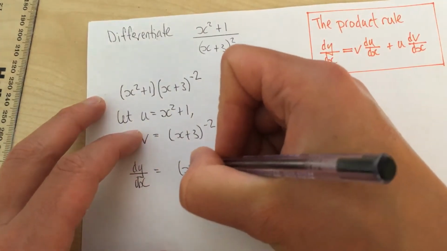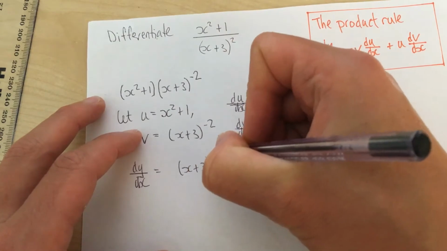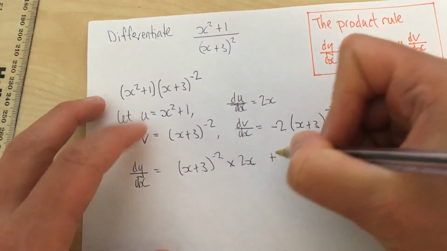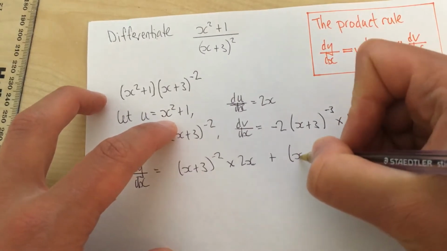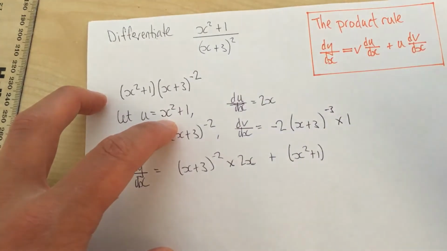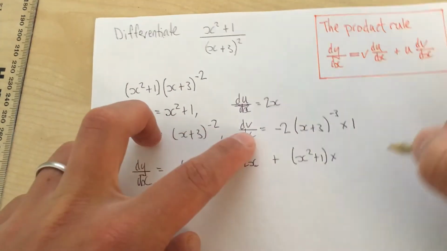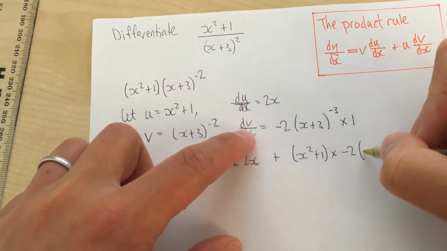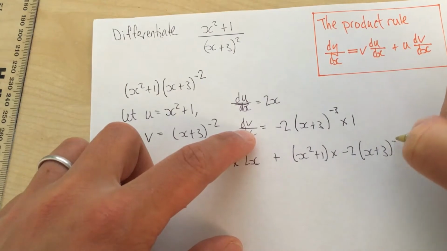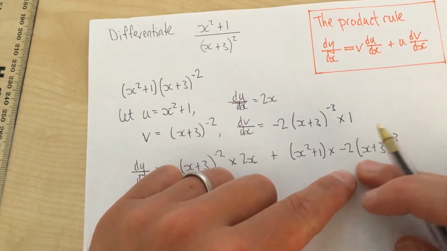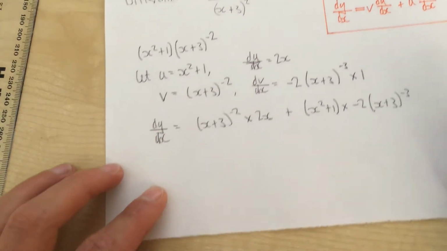So we've got (x plus 3) to the negative 2 multiplied by 2x, plus u. I'm going to put the whole thing in brackets so there's no confusion as to what we're multiplying, multiplied by dv dx, which is negative 2 brackets (x plus 3) to the power of negative 3. That multiplied by 1 hasn't affected this at all in any way.